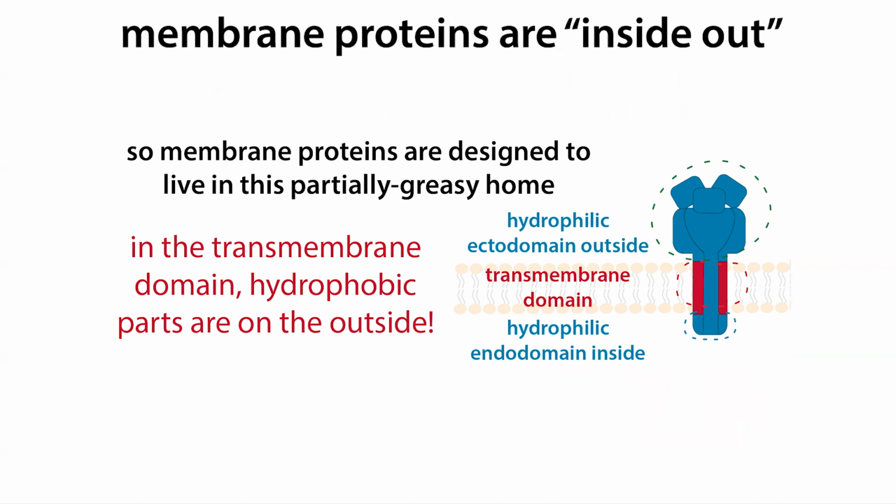And this is going to make them form these lipid bilayers. And if you have a protein that has to go through that lipid, then in that transmembrane domain, it's going to kind of have to be inside out. It's going to have its hydrophobic parts on the outside and its hydrophilic parts on the inside.